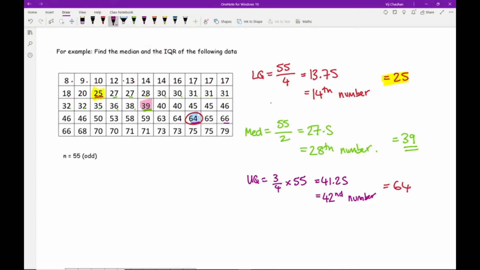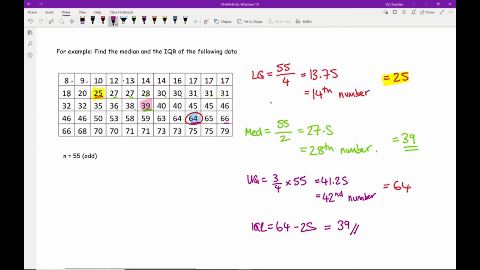So therefore, once I've got my quartiles, the interquartile range is going to be 64 minus 25, which gives me the answer of 39. And there we go.